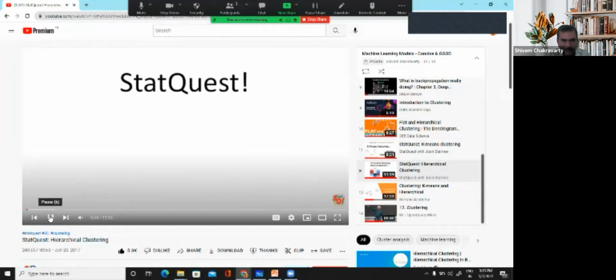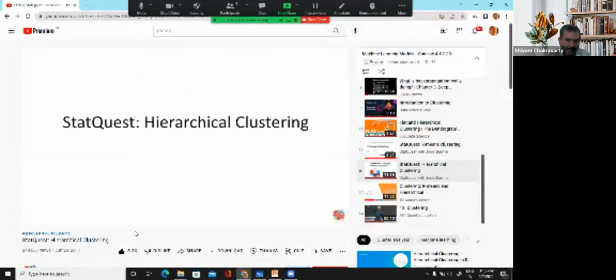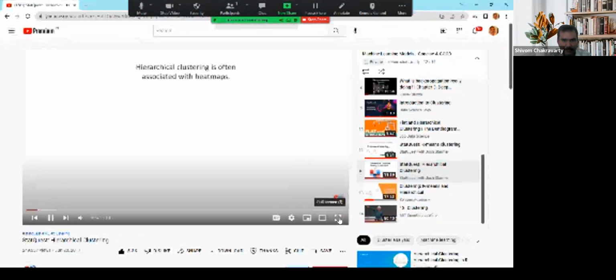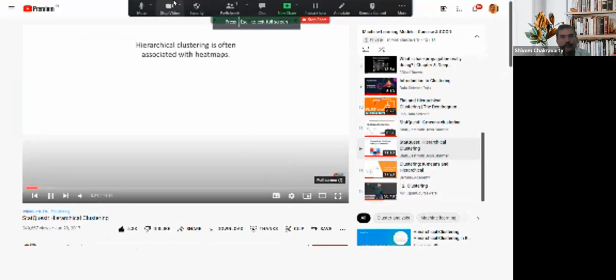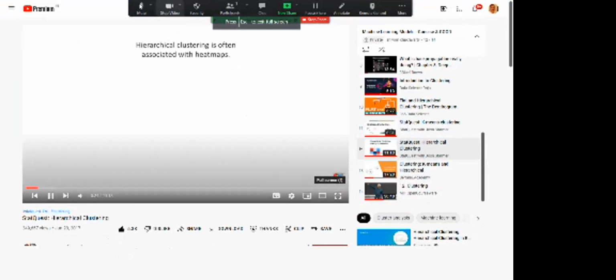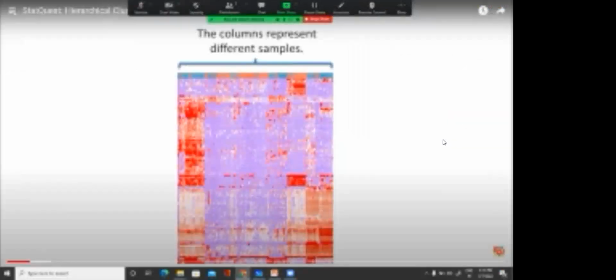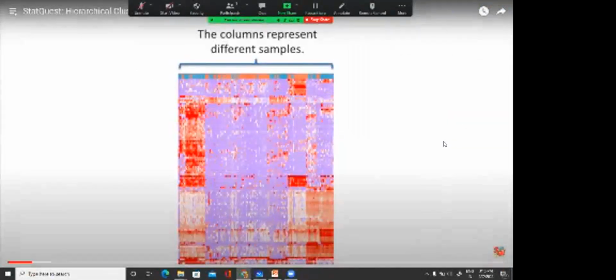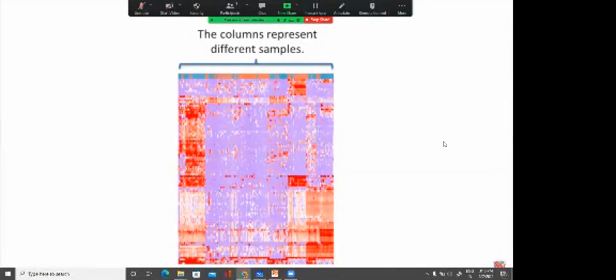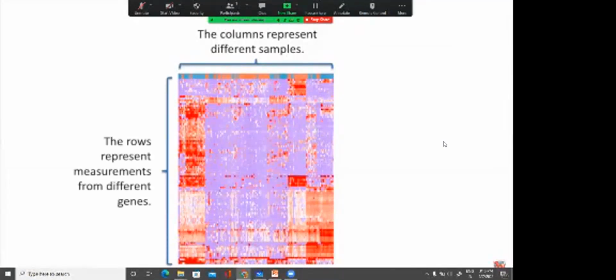Going on a quest, on a stat quest. Talking about hierarchical clustering. Hierarchical clustering is often associated with heat maps. If you're not already familiar with what heat maps are, just know that the columns typically represent different samples, and that the rows typically represent measurements from different genes.